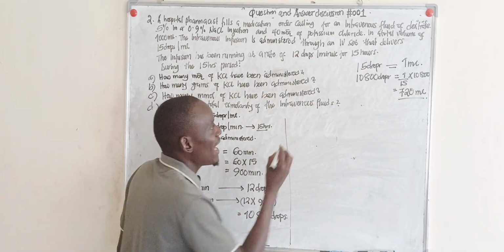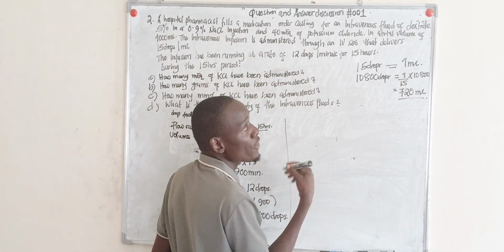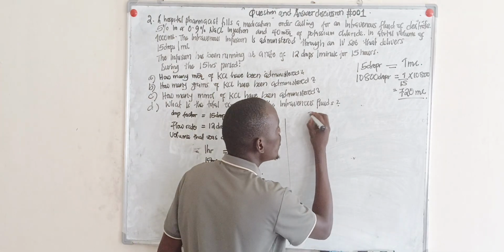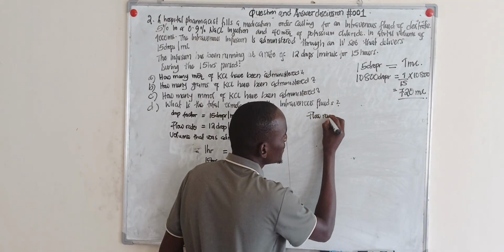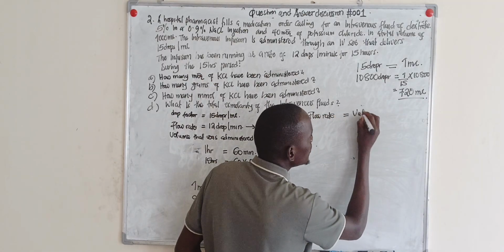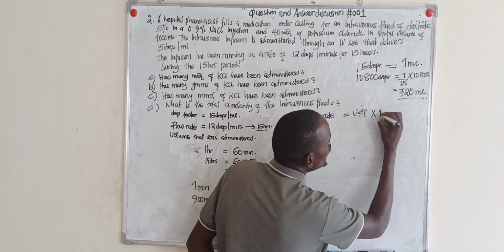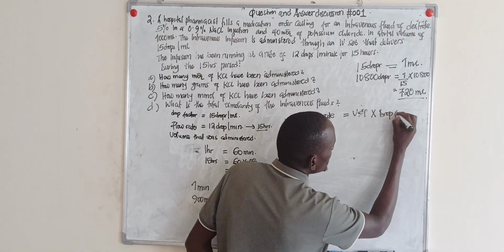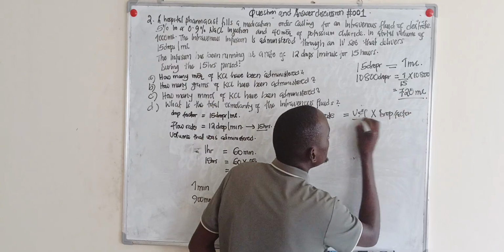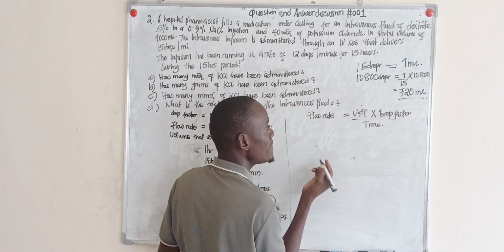Or else, another person may prefer to use the shortcut or the formula, whereby we know that flow rate is equal to volume times drop factor divided by time, which in this case is in minutes.